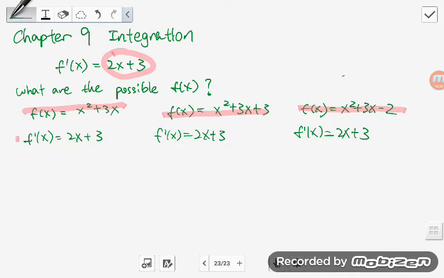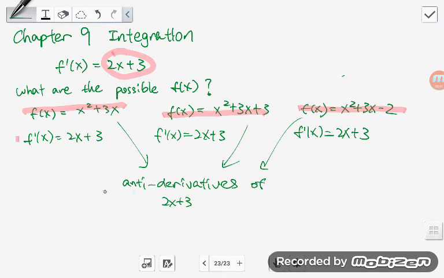So we call all three of these the antiderivatives of 2x plus 3.